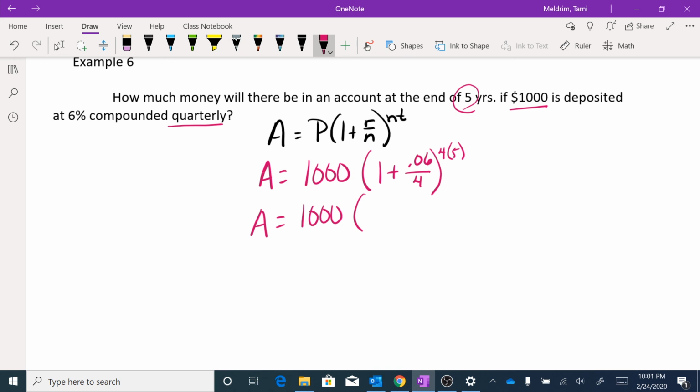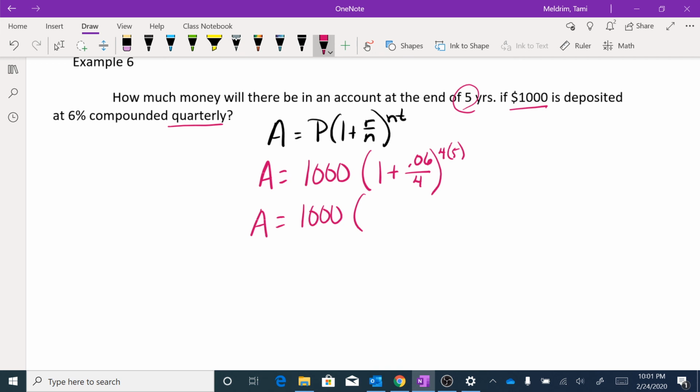So when you take that 1.015, raise it to the 20th power, multiply that by 1,000, the amount in your account after 5 years and with 6% interest, and it's compounded quarterly, the amount in your account will be $1,346.86.